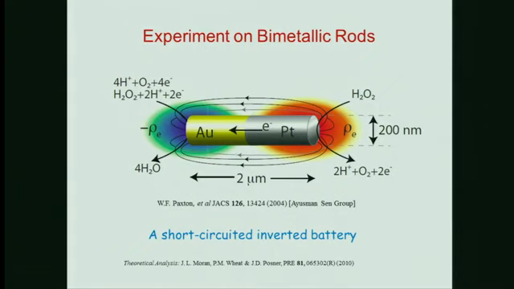For example, this one moves towards the platinum cap, the self-diffusiophoretic one. If you only have it coated with the catalyst, and you have the same reaction, it moves away from the platinum cap, etc. And if you want a simple picture of this particular model, it's a short-circuited inverted battery.